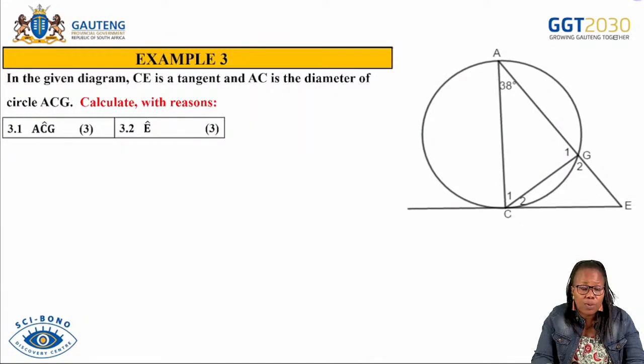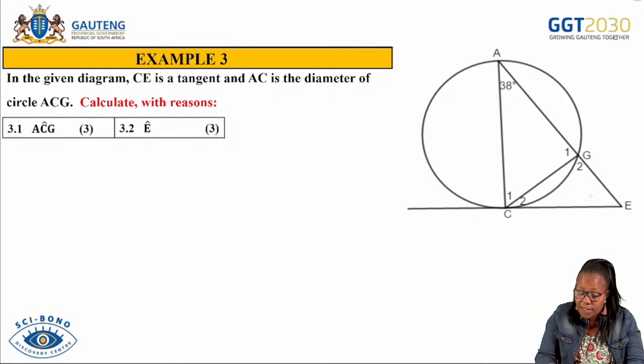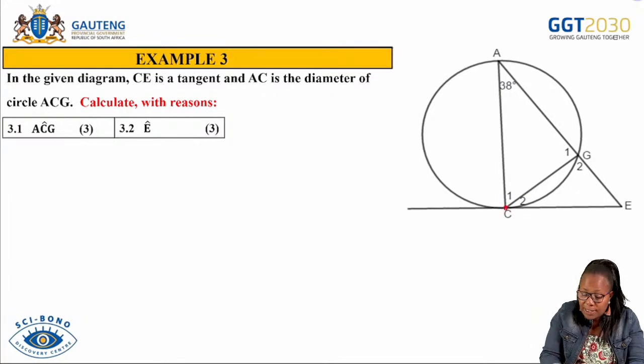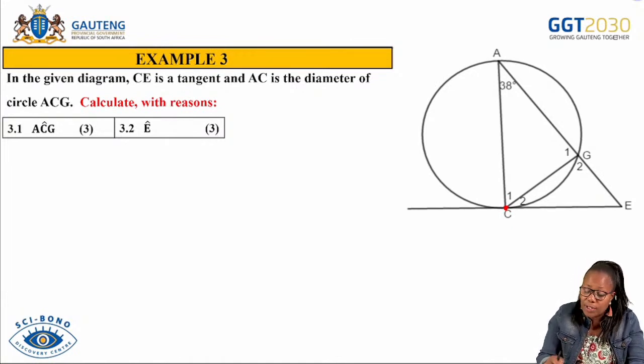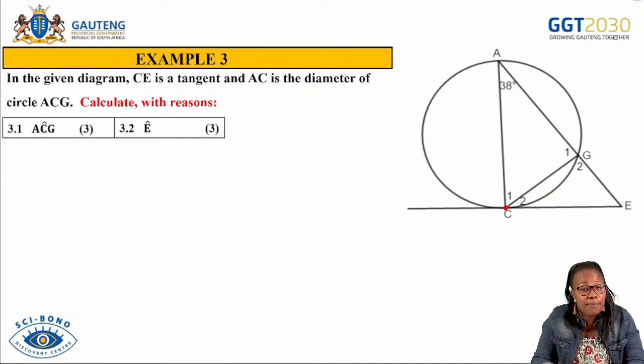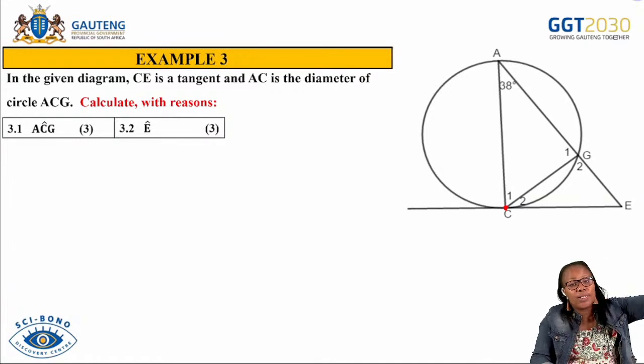Let's look at this one with the tangent now, where we are applying tangent theorems. In the given diagram, CE is a tangent. As you can see, it is touching the circle at 1 point and the line is outside the circle. Hence, it qualifies. We cannot say AE is a tangent because it is going through inside the circle.